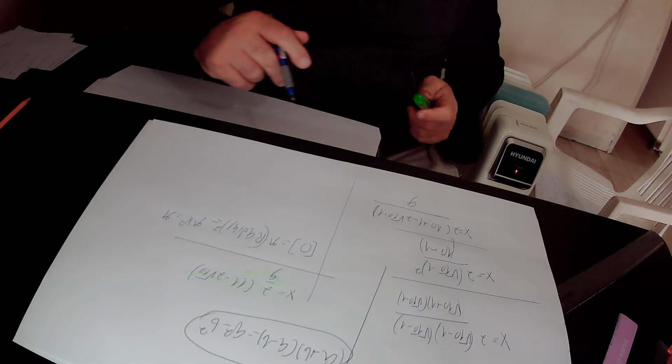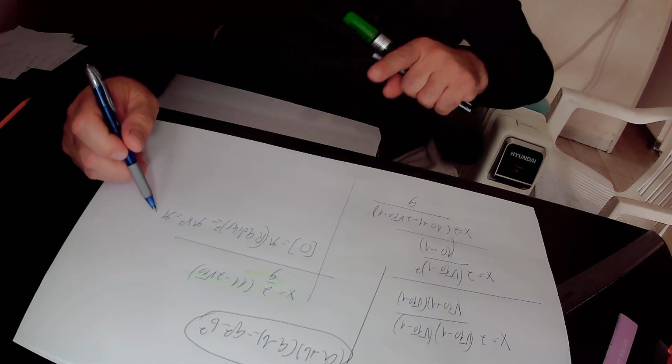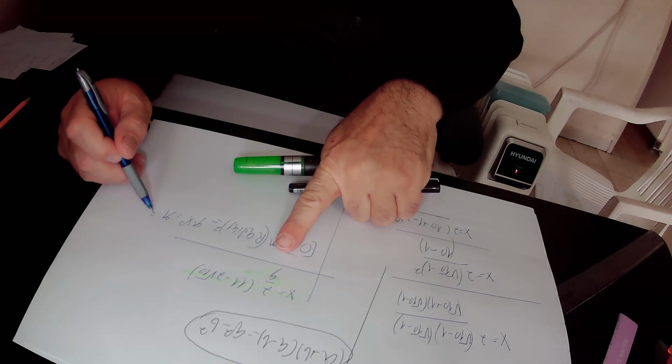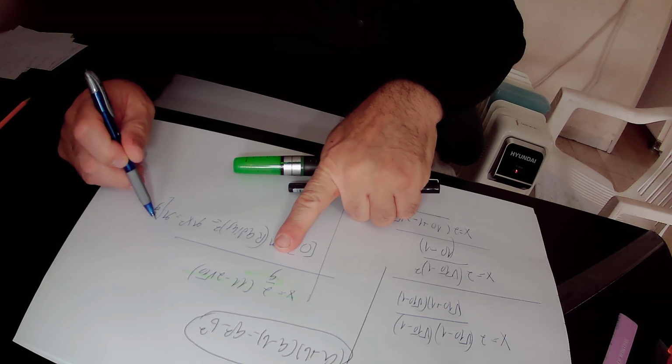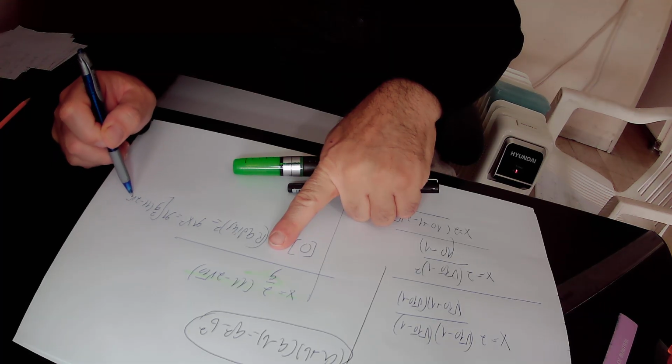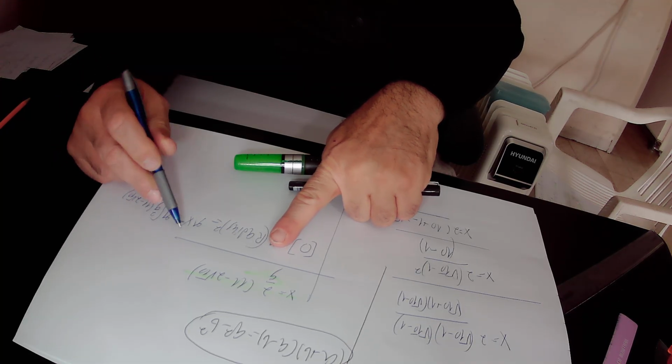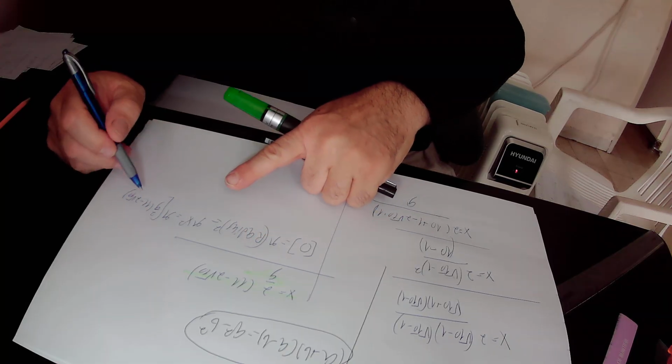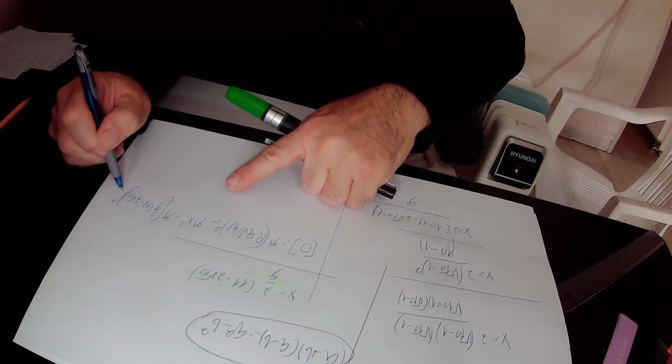X is 2/9 times (11 minus 2 times the square root of 10), and we have to square x, so it is all squared.